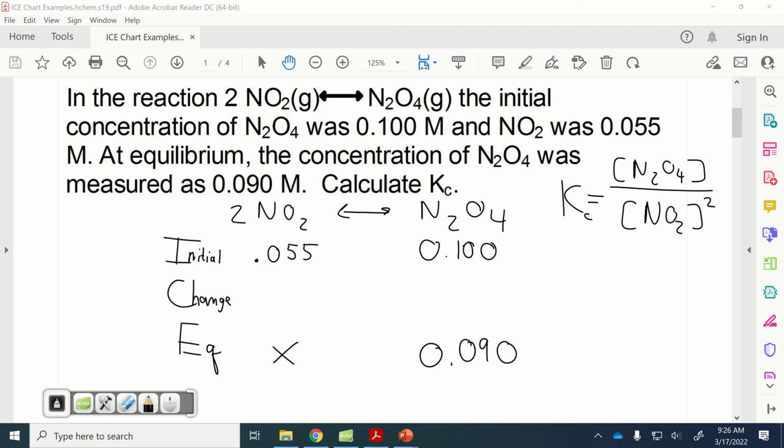I need to figure out the change. I can do this last column and figure out how much this changed by. It went from 0.1 to 0.09, so this went down by minus 0.010 molar. I'll put all the molars there. This changed by 0.01 molar, and because of that, we have to think about what's happening here.